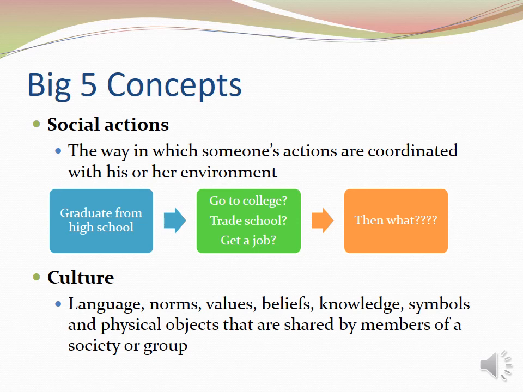We know what it means to be quote unquote American. However, you may exist in a subculture, and that might be defined by your race or your ethnicity, your religion, your orientation, but you can look at that and notice that there might be certain language, norms, values, beliefs, symbols, objects that that subculture also shares, and it makes you know that you're part of that group with those members.